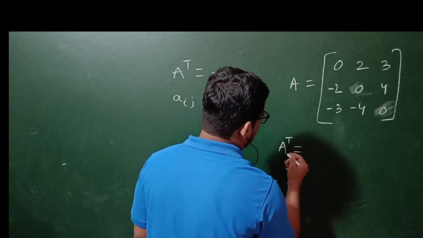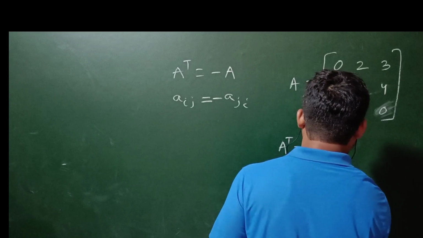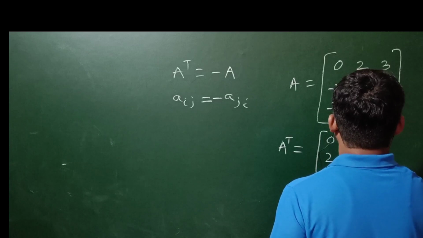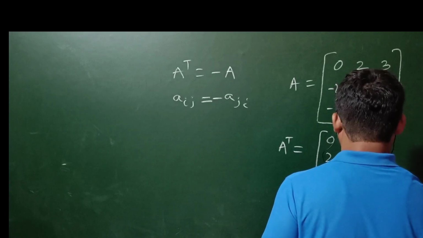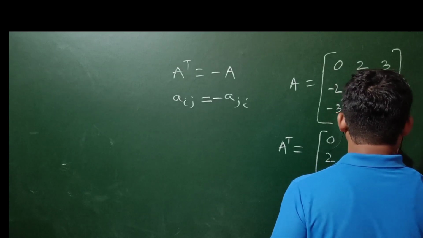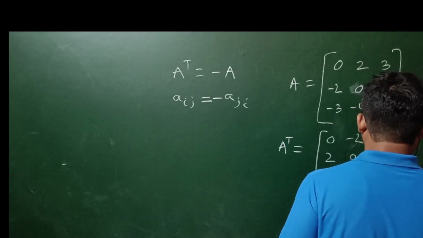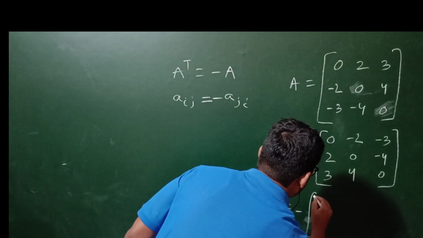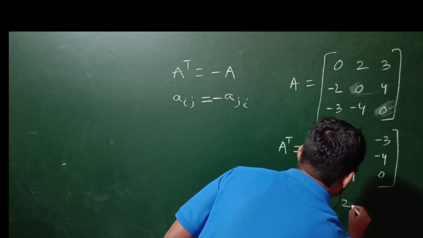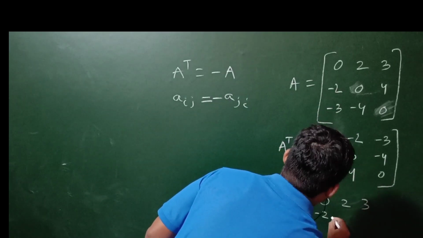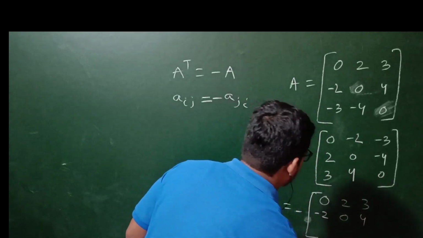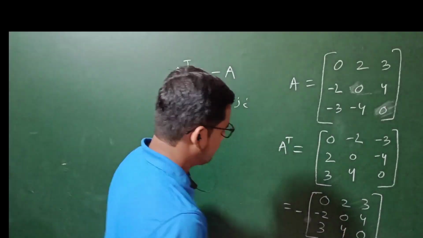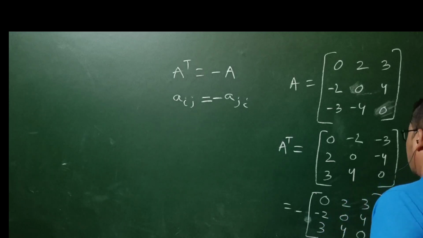See, its transpose A transpose will be 0, minus 2, minus 3; 2, 0, minus 4; 3, 4, 0. Taking a minus common, it will be minus of 0, 2, 3; minus 2, 0, 4; minus 3, minus 4, 0.